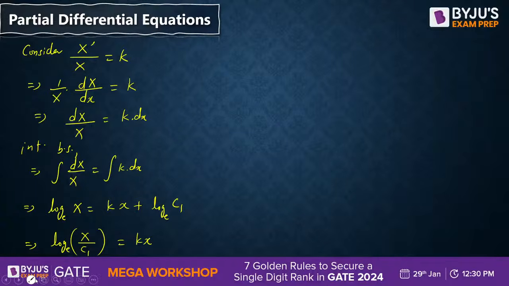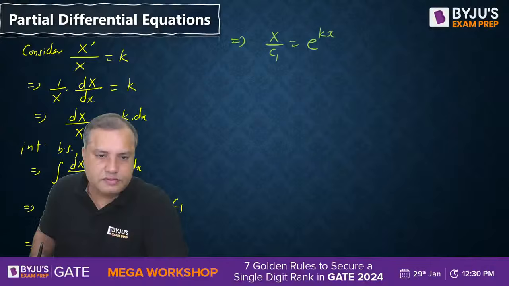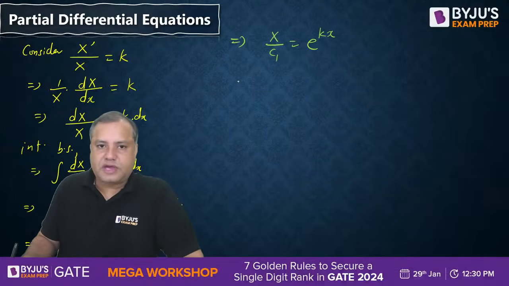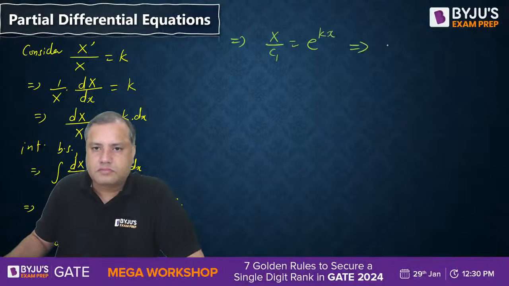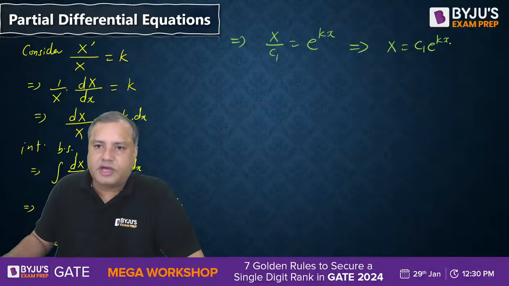If you take anti-log, so you will get X upon c1, and right hand side will be e to the power kx. So capital X will be finally c1 e raised to kx.